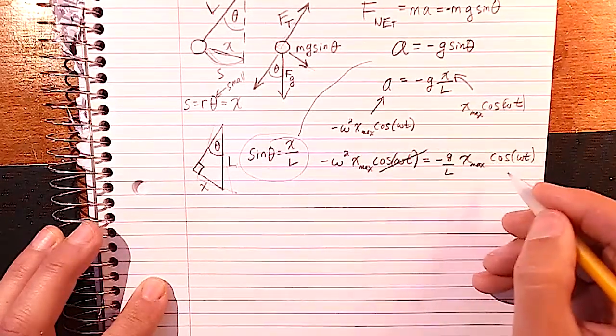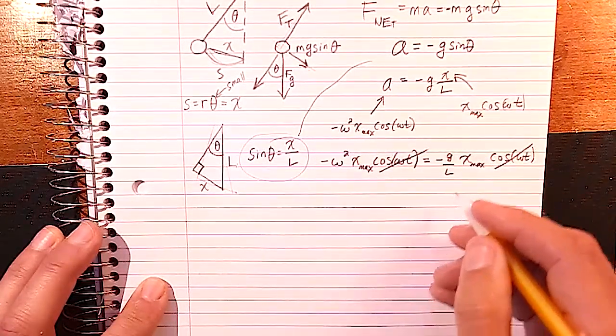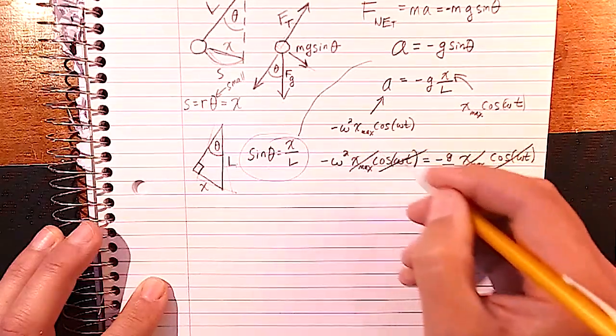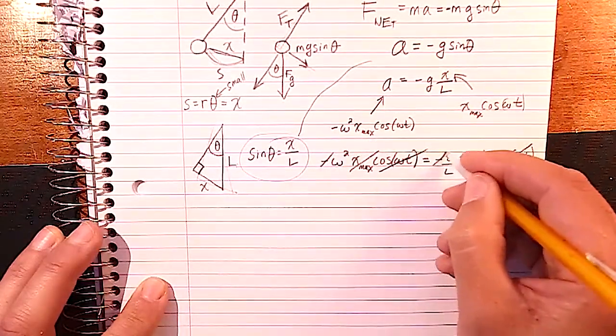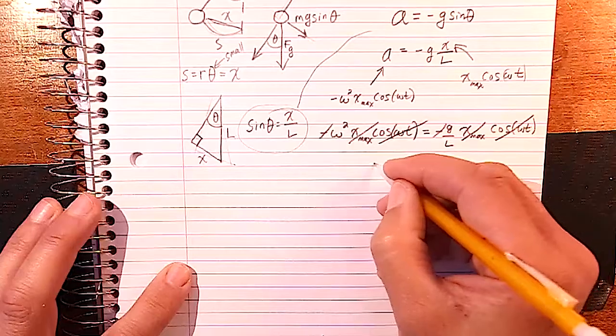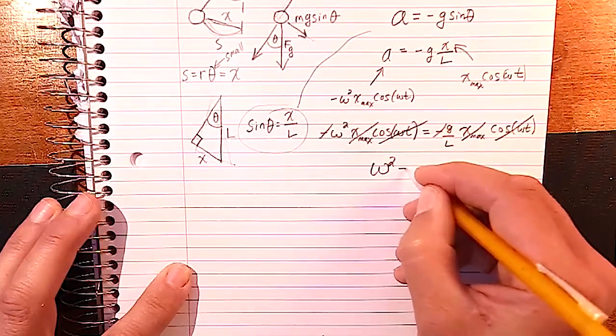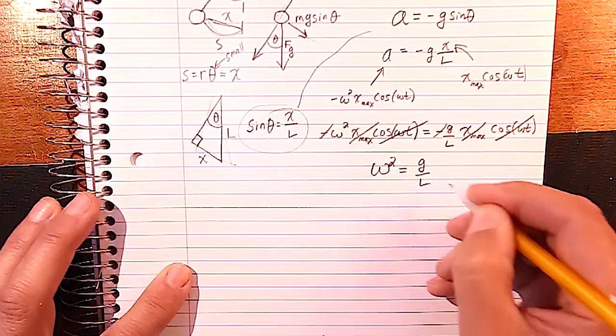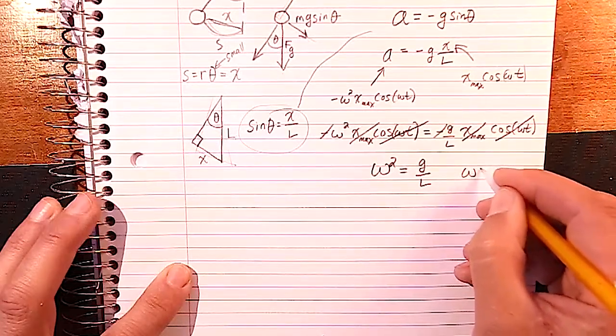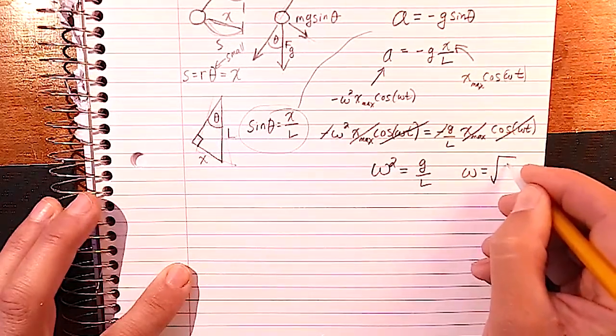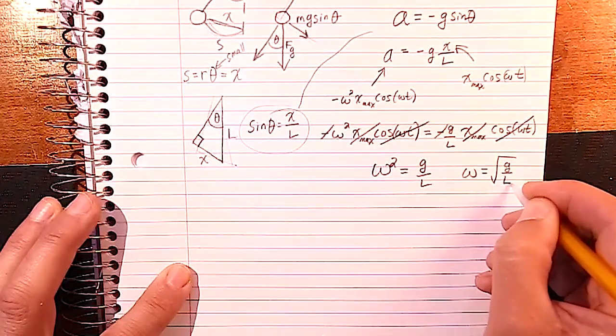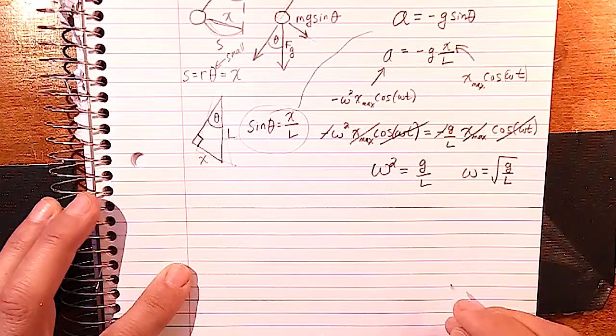So we have cosine omega t's go away, our x max goes away, our minus sign goes away, and we're left with omega squared equals g over L. Now this is important because this gives us a formula for angular frequency.